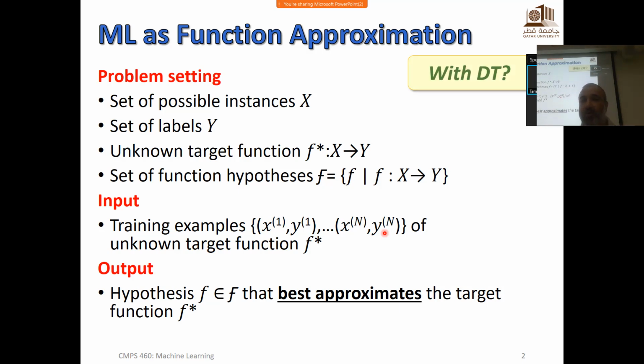If we think about decision trees, and try to formalize decision tree training and prediction as function approximation as we have on this slide, what will be the possible instances? Examples with feature values, right?